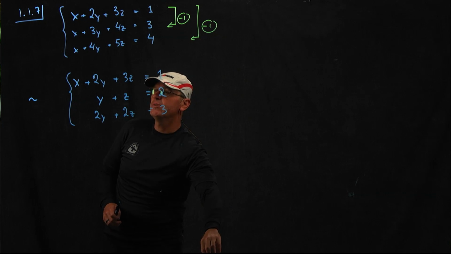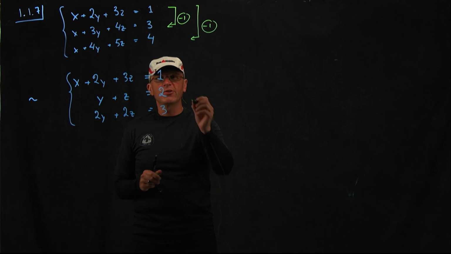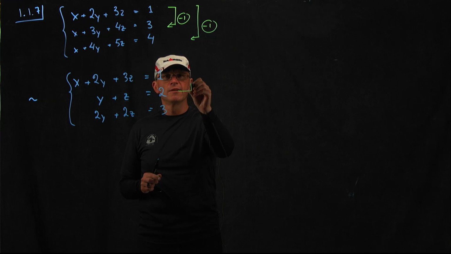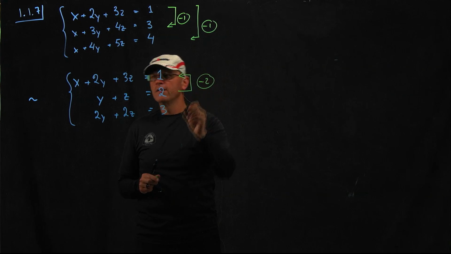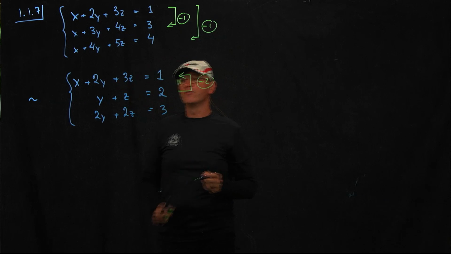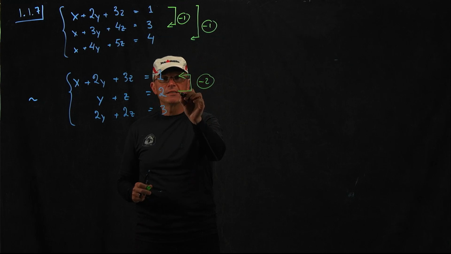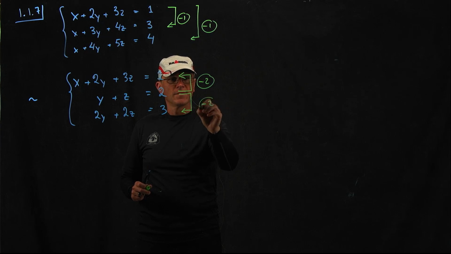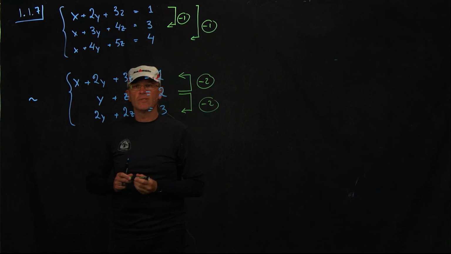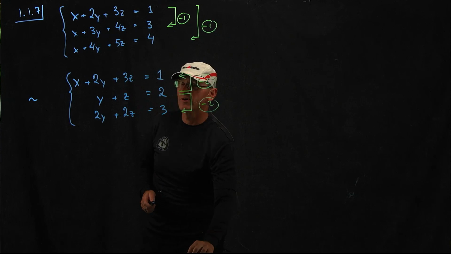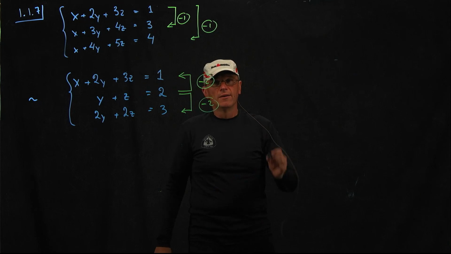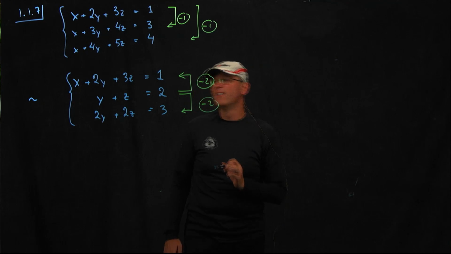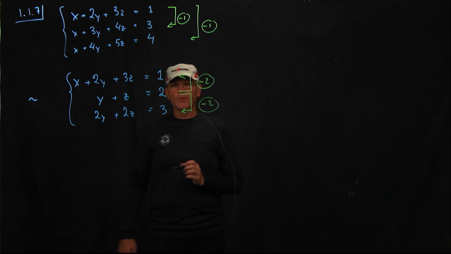So what we're going to do is subtract the second equation from the first, with a factor of 2 to get rid of the y's, and we'll do the same thing. We'll subtract 2 times the second equation from the third equation. So that's the plan. That's a good plan.